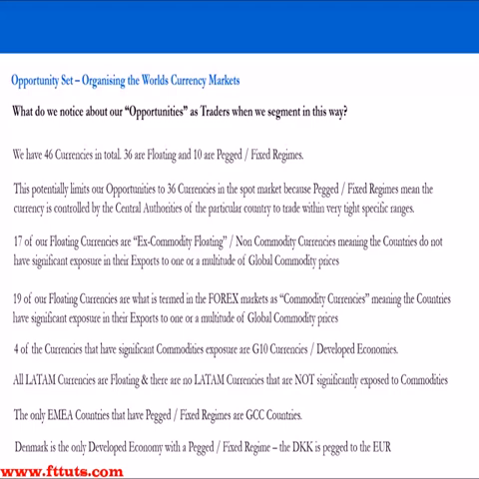This is the same situation with pegged or fixed regimes, because they stay at the same price every day, every week, every month, every 3 months, every year. Therefore, we know as traders there's no volatility and no opportunity to make money, unless, of course, the central authorities decide not to continue intervening in the currency market.